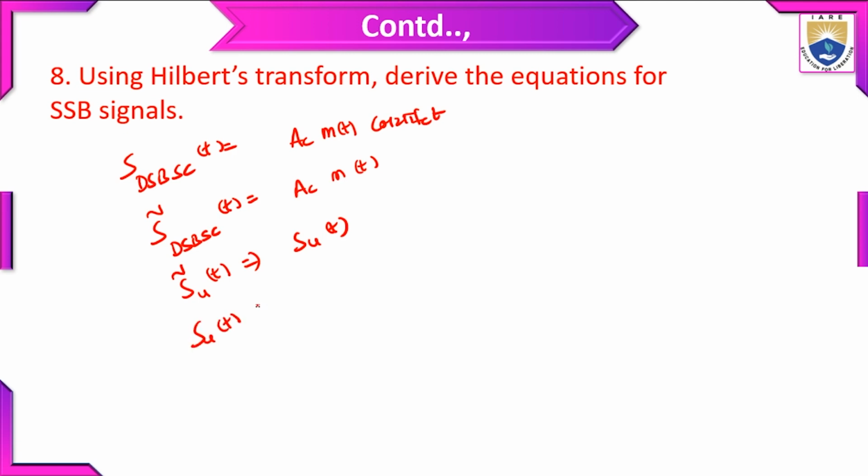You can rewrite it as the real part of S tilde u of t times exponential j 2 pi fc t. This is taken as equation 1. So first you have to determine this S tilde u of t.